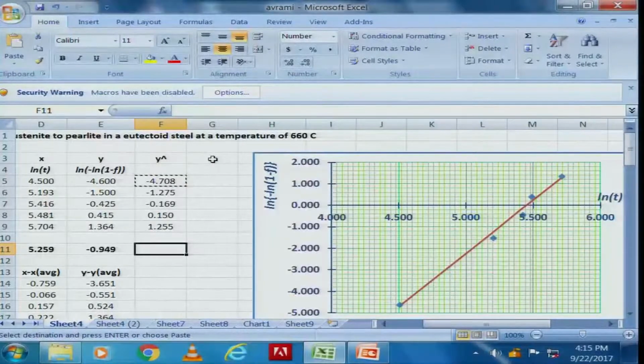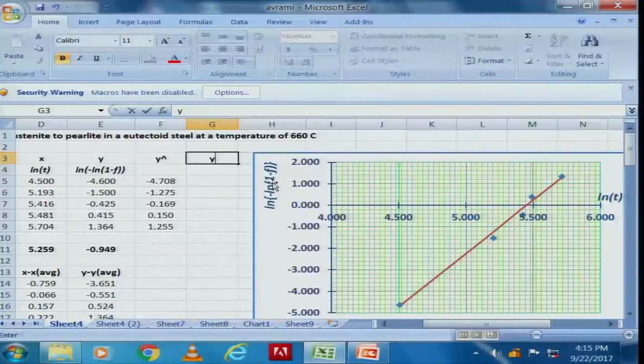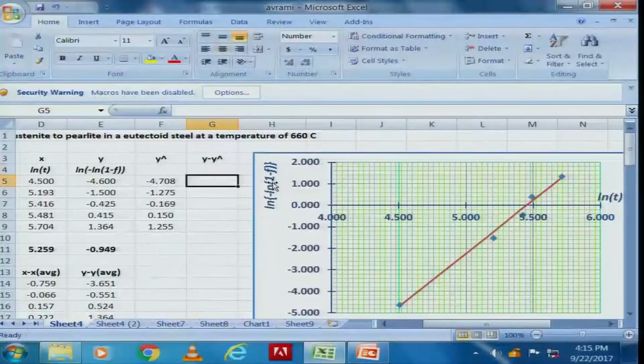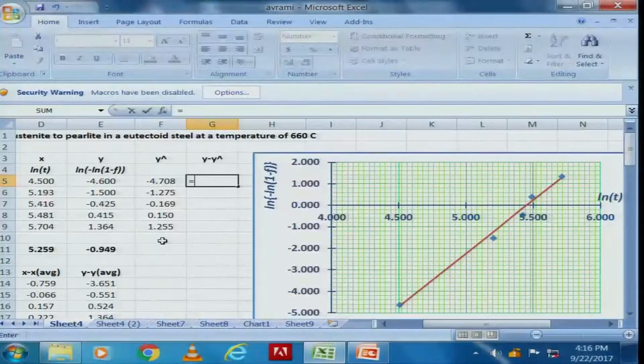In order to calculate SS residual, I will have to compute y minus y cap. So, let me put in this column here, and I individually calculate the difference between y and y cap.